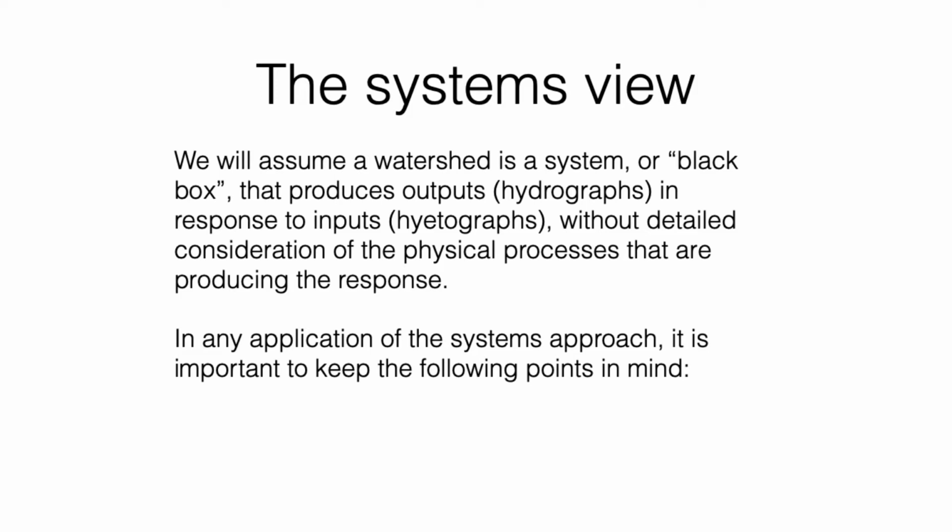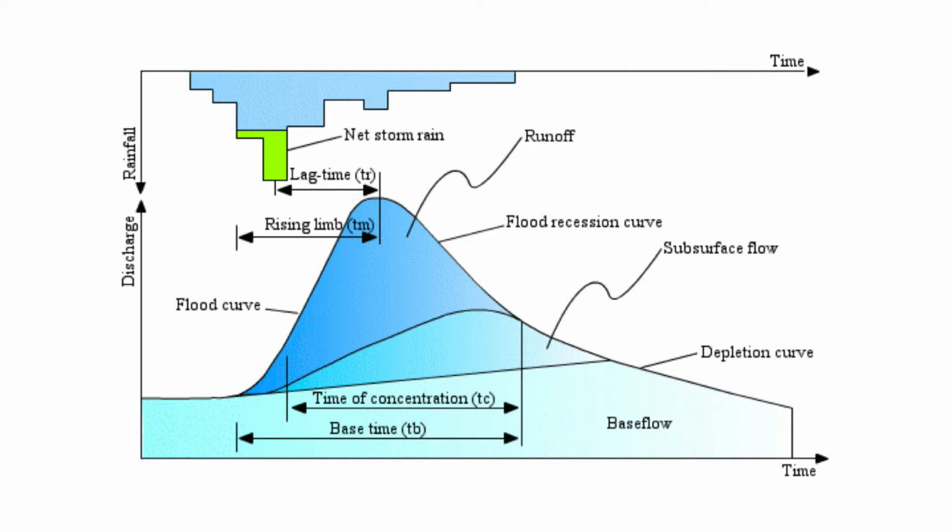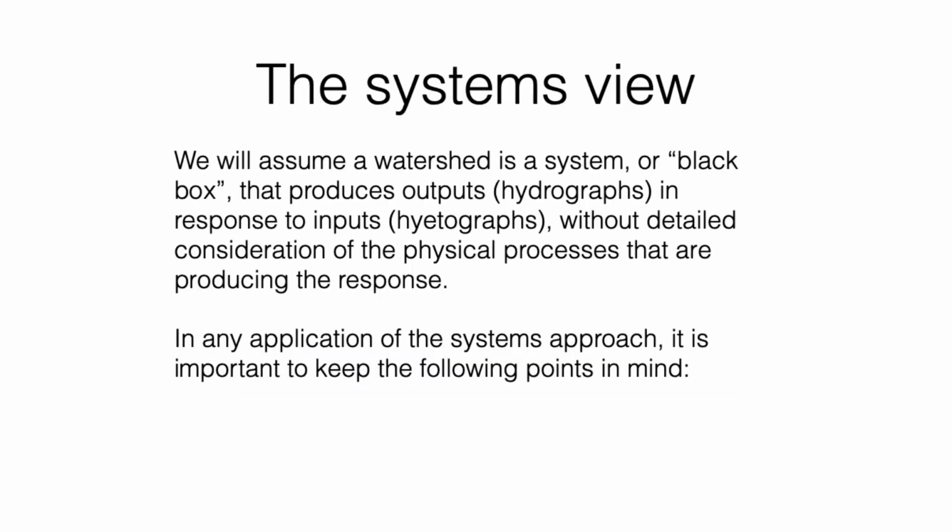In rainfall runoff modeling, the perspective is usually changed, and a watershed is considered to be a simplified system, like a black box, that receives inputs in the form of rainfall hydrographs and produces outputs, response hydrographs, without a detailed consideration of the processes that transform the former into the latter.